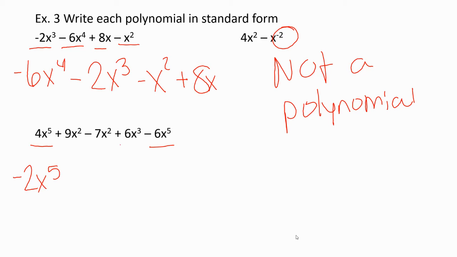Then we have an exponent of 3 next, and that's the only one, so plus 6x cubed. And then lastly, we have two terms that are both x squared. So again, we have to combine those. 9 and negative 7 is going to give you positive 2x squared. Again, that is in standard form because the exponents are going from greatest to least, 5, 3, 2.